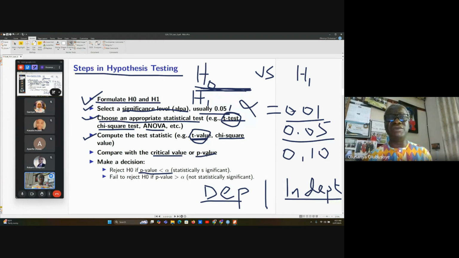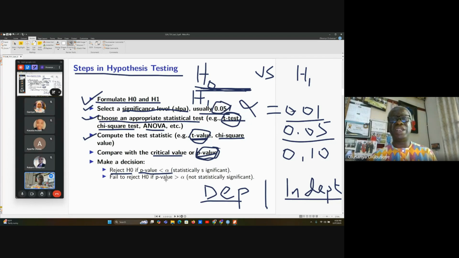When you use a computer or any computational software, you will be able to get the p-value, and then you'll be able to compare it with your selected level of significance. So you are to reject H naught if the p-value you have computed is smaller than the alpha value that you have chosen.